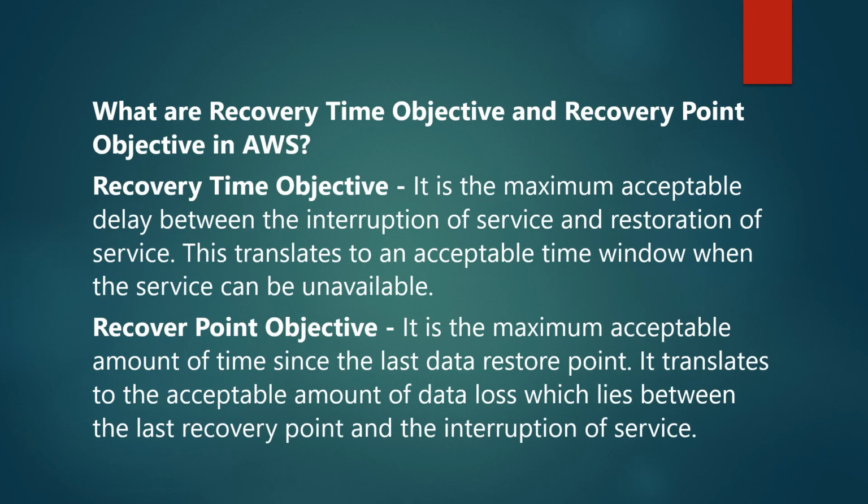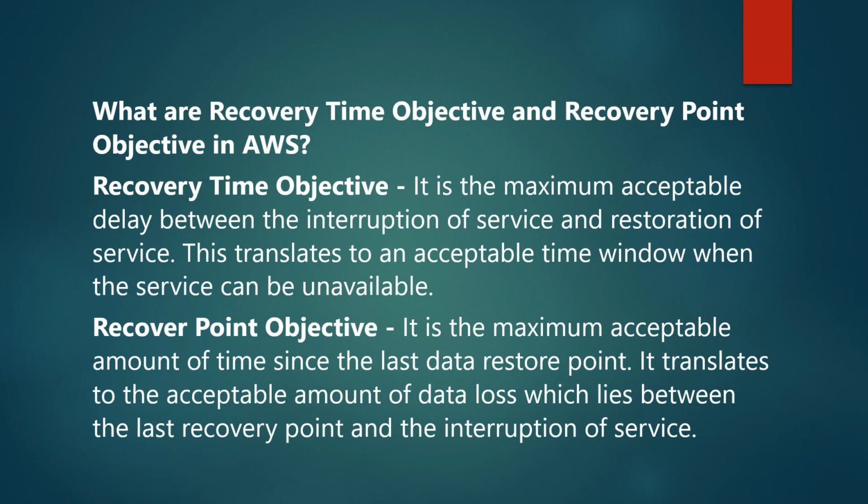What are recovery time objective and recovery point objective in AWS? Recovery time objective is the maximum acceptable delay between the interruption of service and restoration of service. This translates to an acceptable time window when the service can be unavailable.